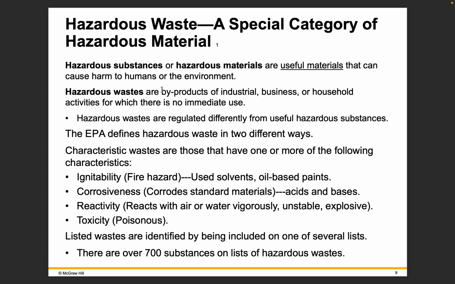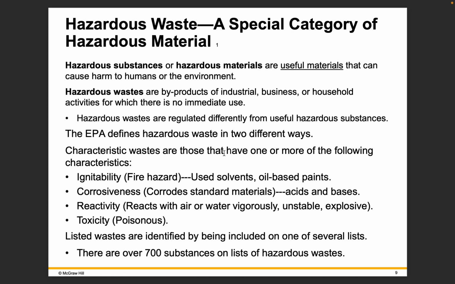So hazardous substances and materials are useful materials that can cause harm to humans or the environment. Hazardous wastes are byproducts of industrial, business, or household activities for which we have no use. Hazardous wastes are regulated differently from hazardous substances, and the EPA defines hazardous waste in two different ways.